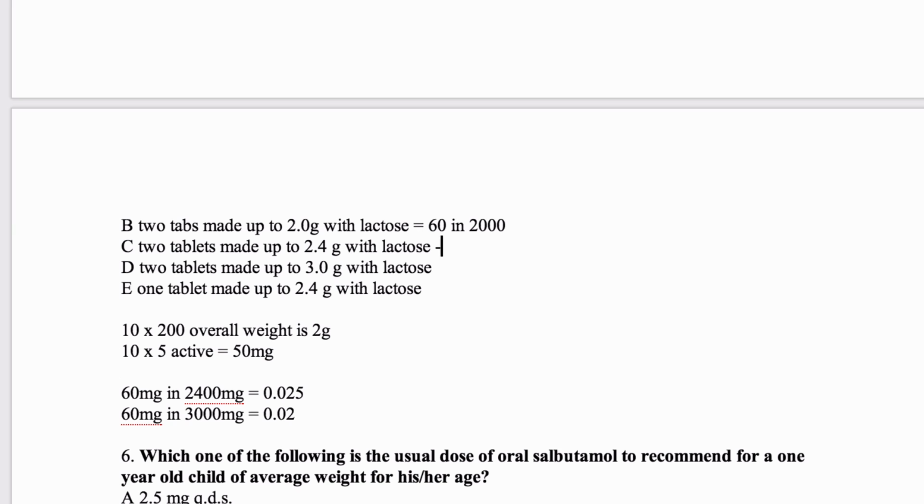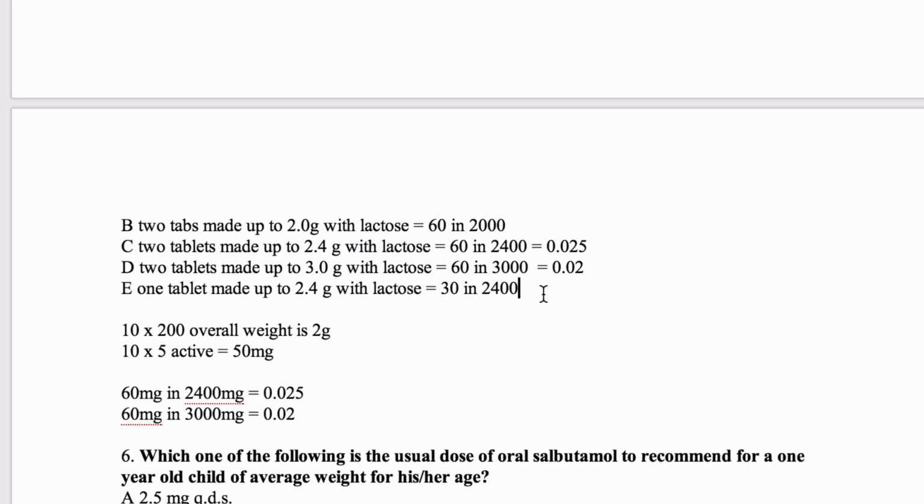This one would be 60 in 2,400. This one would be 60 in 3,000. This one would be 30 in 2,400.